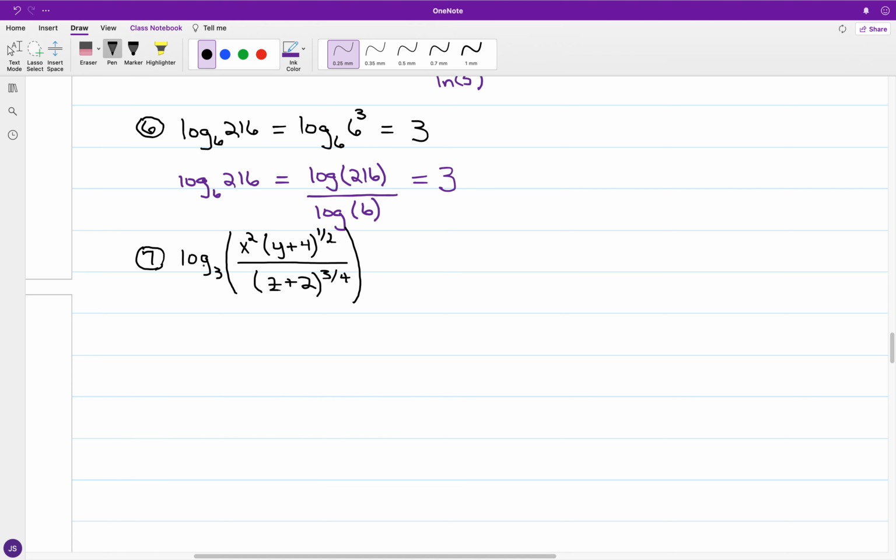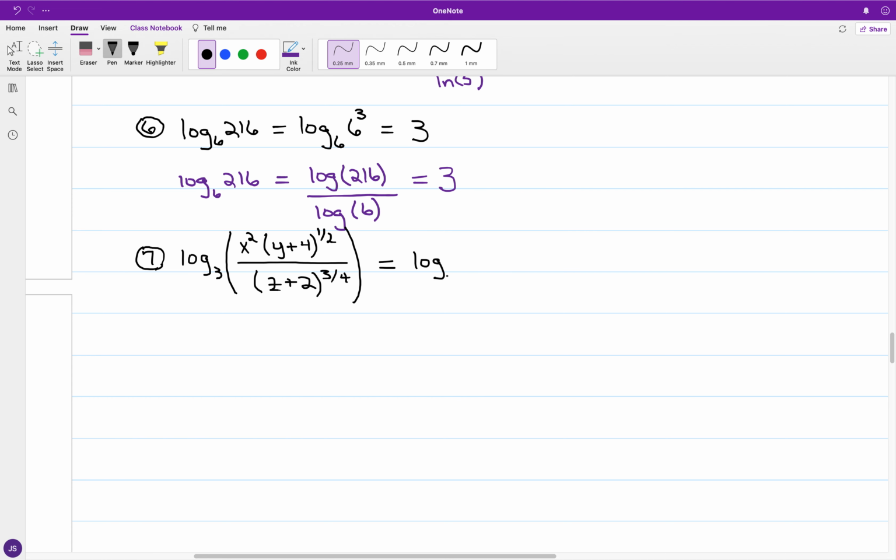Again, multiplication is going to imply addition, and division is going to imply subtraction once we write the terms in expanded form. So we have the base 3 logarithm.